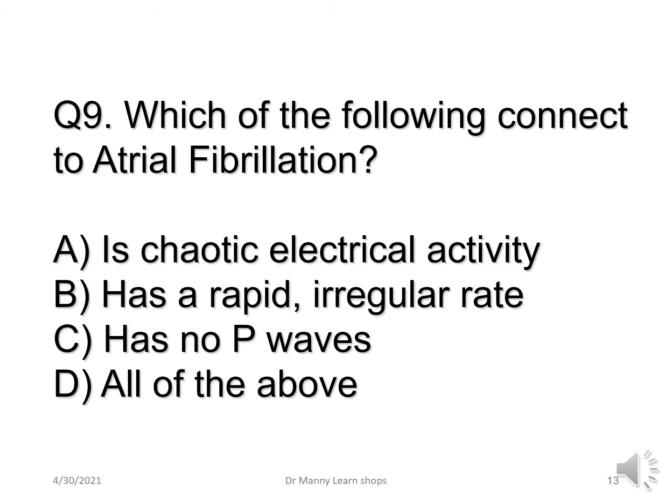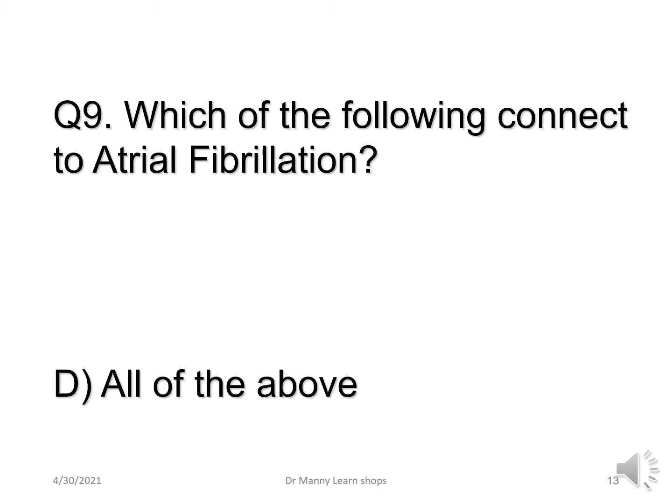Which of the following connect to atrial fibrillation? A, is chaotic electrical activity, B, has a rapid irregular rate, C, has no P waves, D, all of the above? The correct answer is all of the above.